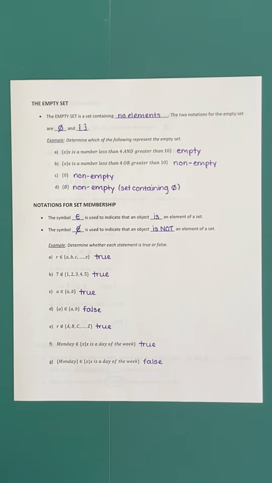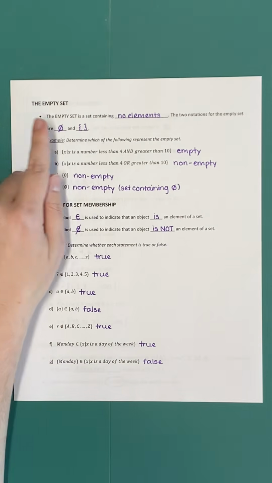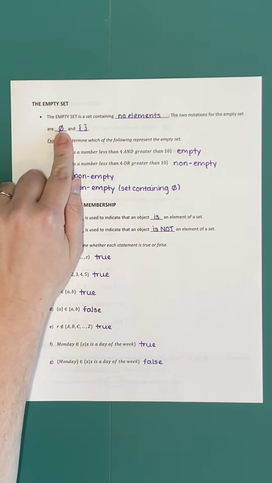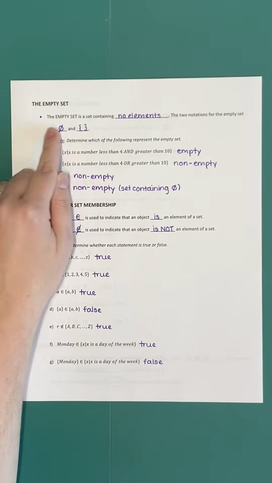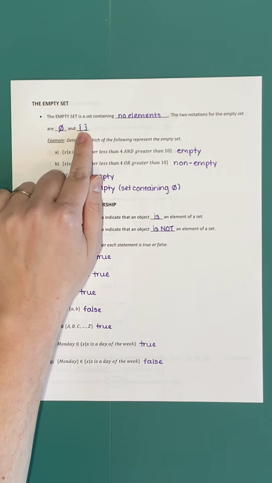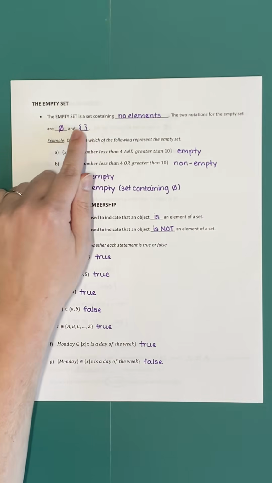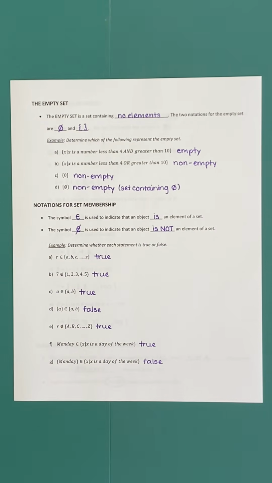Now we have 2 notations for saying we're looking at the empty set. So the first notation is going to be an O with a diagonal slash through it. And then the second notation is just going to be curly braces with nothing inside the braces. So you may have used these notations before if you've taken an algebra class and you've looked at equations that have no solution.